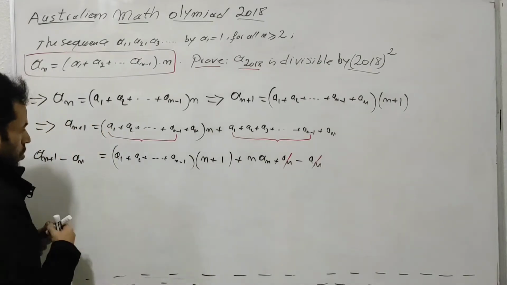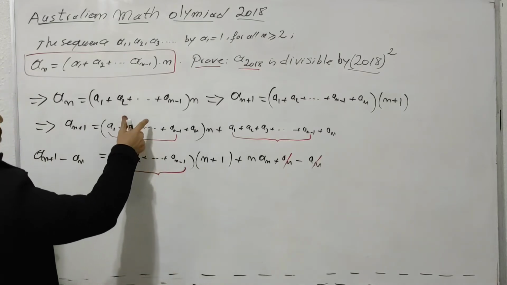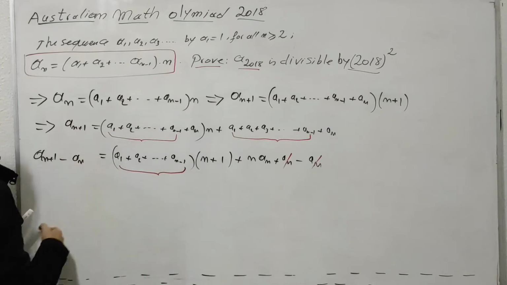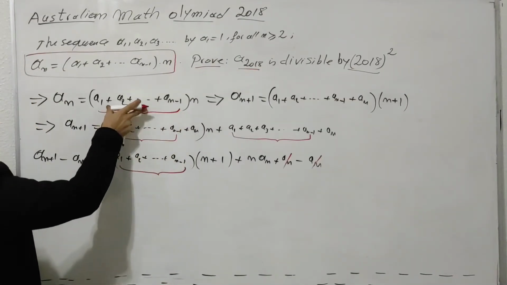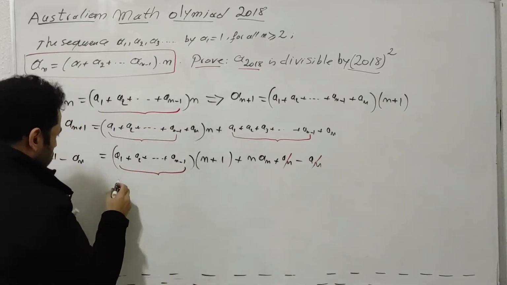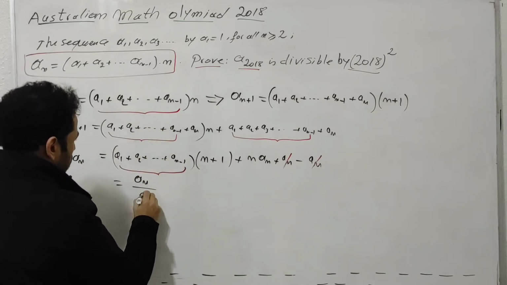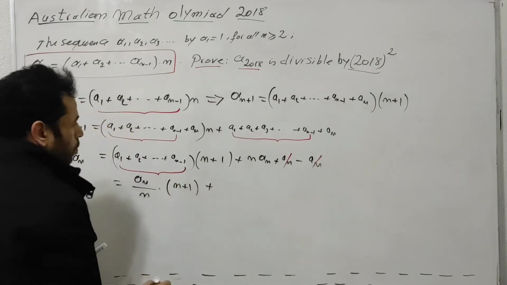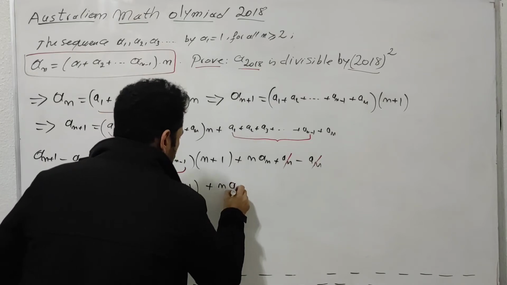This term is exactly a sub n divided by n. So I'm going to replace this with a sub n over n multiplied by n plus 1, plus n multiplied by a sub n.